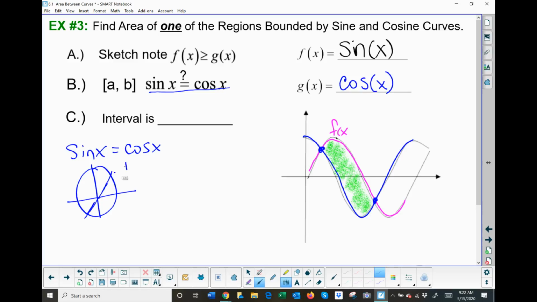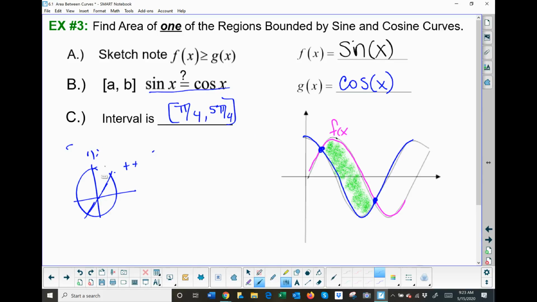Here we'd have positive, positive. Down here we'd have negative, negative. So it looks like we're at pi over 4 as well as 5 pi over 4, correct? So x equals pi over 4 and 5 pi over 4. That'll be our interval that we are looking for the area between.